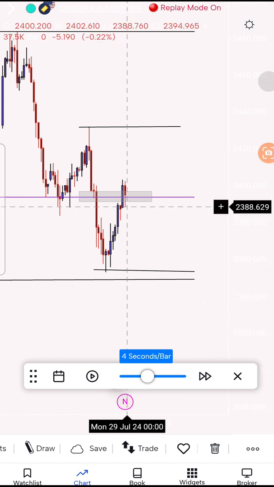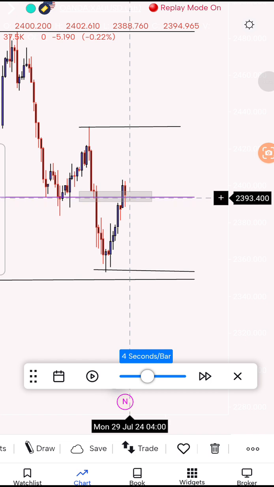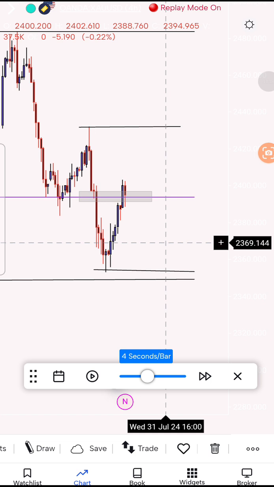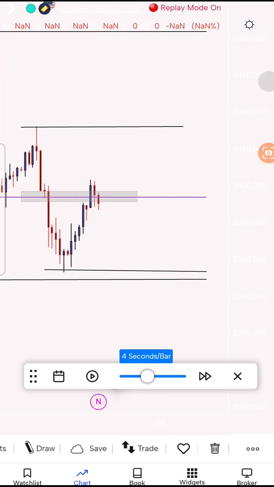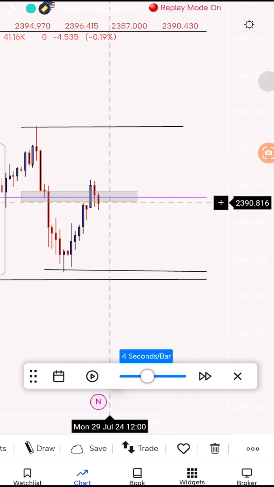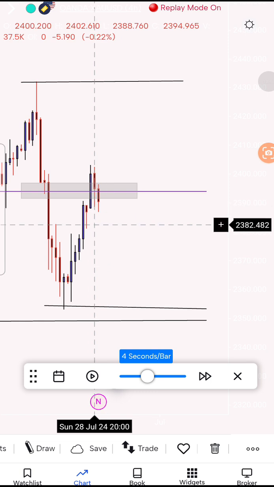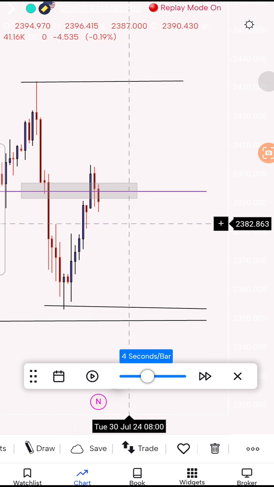Now as Monday opens, we want to see how price will react, and we can engage either to this level or to this level. So play one more candle. We are dropping nicely, which is what we want to see, but remember we want to see displacements with fair value gap, and we also have this fair value gap that was created at this point in time.